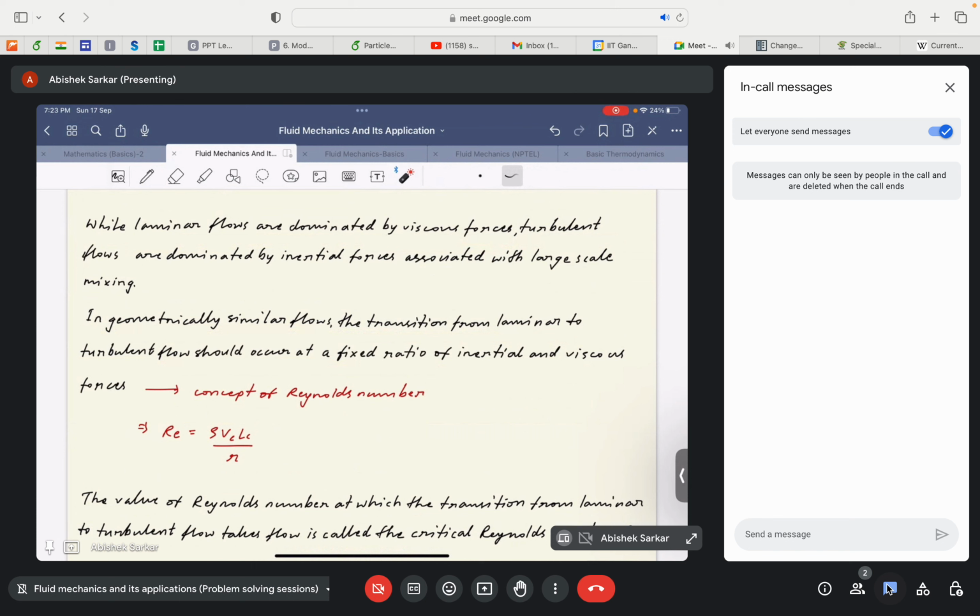So in laminar flow, such disturbances are not amplified, and thus the flow remains laminar.